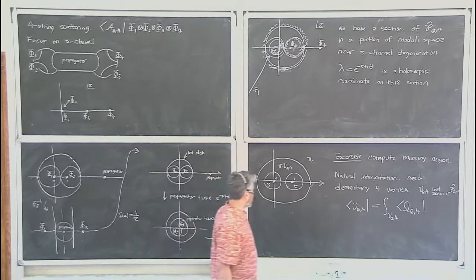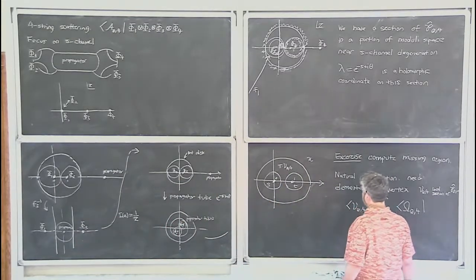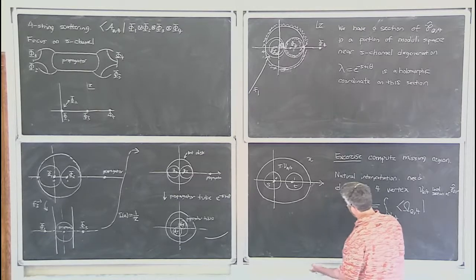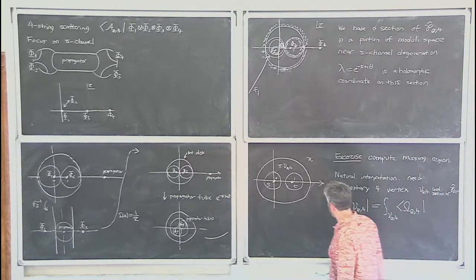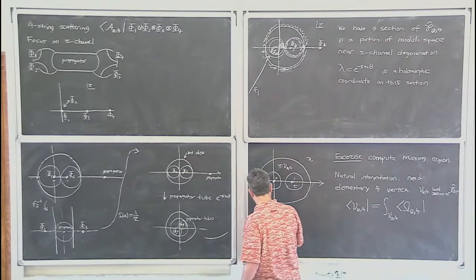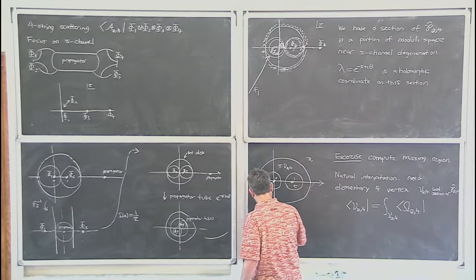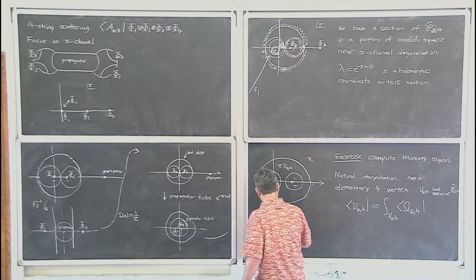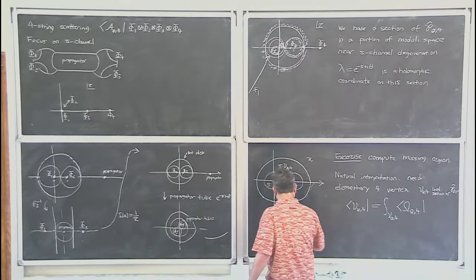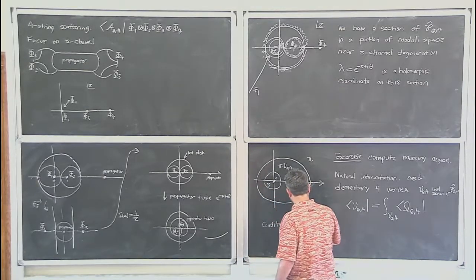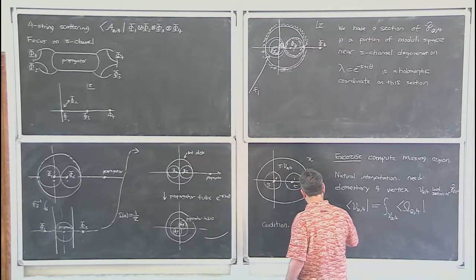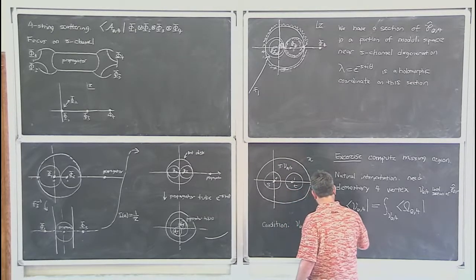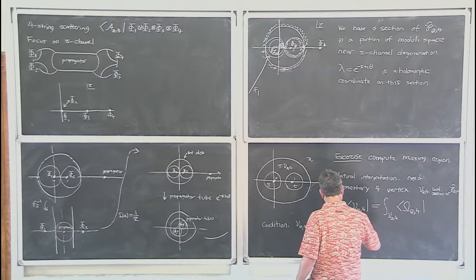So one condition, a technicality, is that V04 should be a symmetric section.